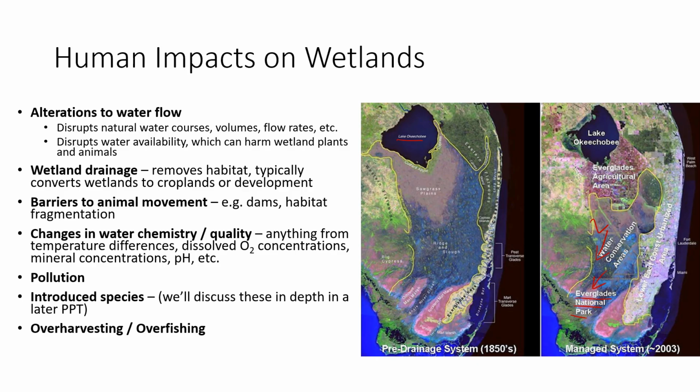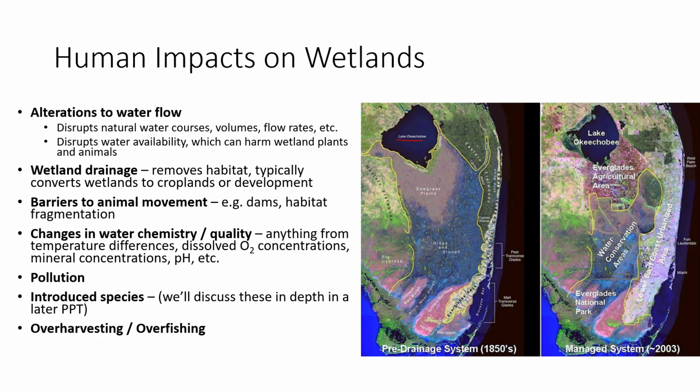So pollutants, including pesticides and all of the urban runoff, given Miami's infrastructure, could be polluting the Everglades as well, the natural areas around it. And then pollution, we won't talk about pollution until second semester, so don't worry about that for right now. And then introduced species, we're going to talk about those in depth in a later PowerPoint, and we'll talk about a few that impact the Everglades themselves.